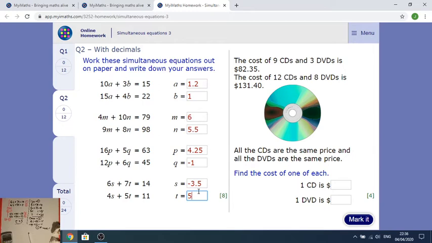The cost of, well, it's CDs and DVDs. So I'm going to call them C and D. And I'll just go straight over to my pad to get into this, and I'll read out the question on the other side there.